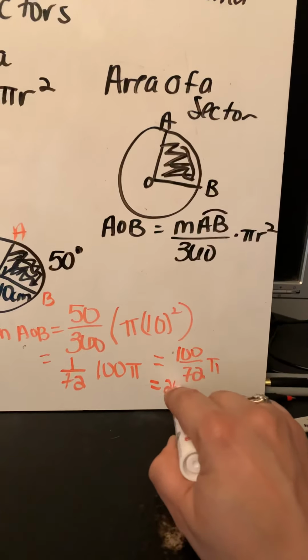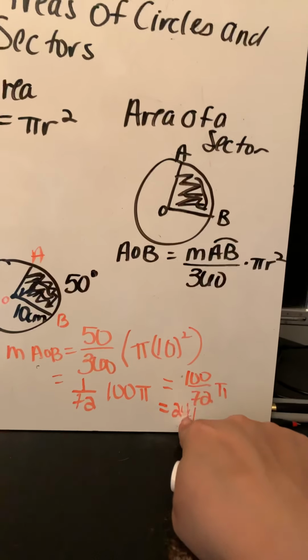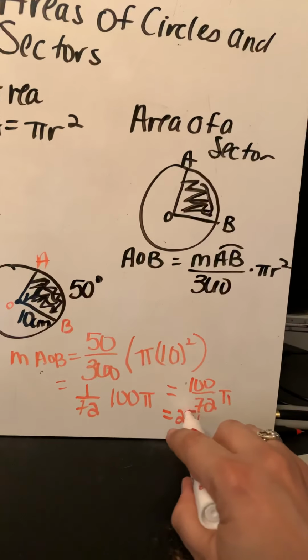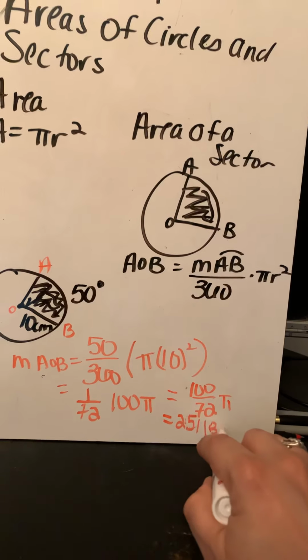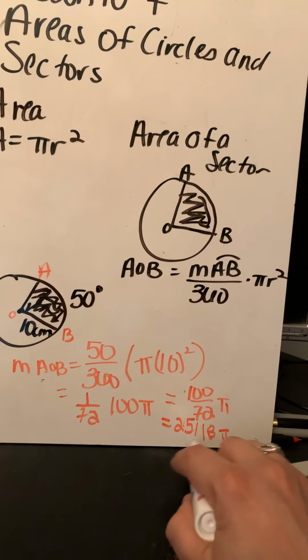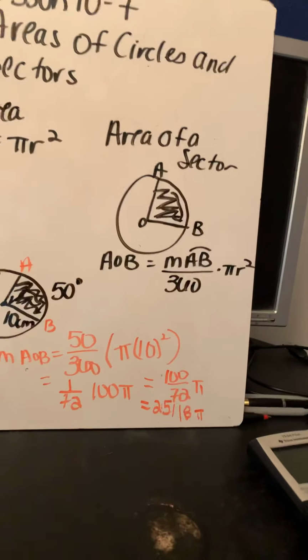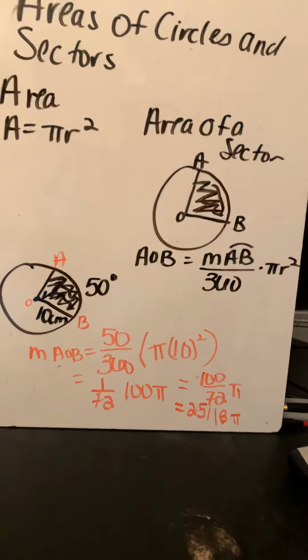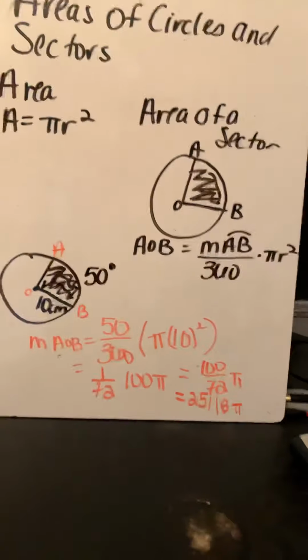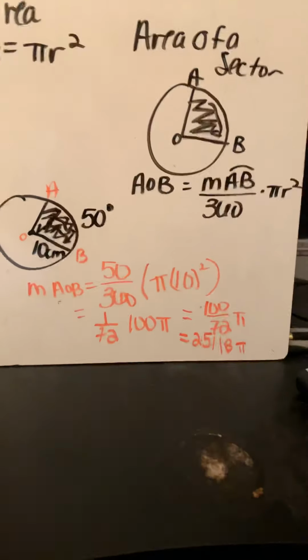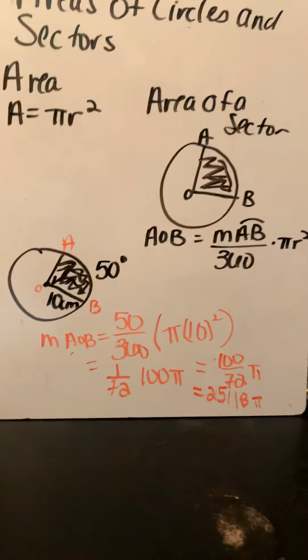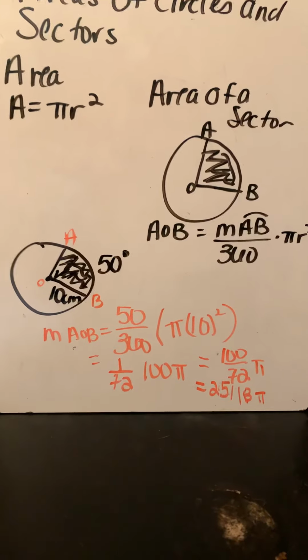So the area of that sector is 25 over 18 pi. Okay, so there's your area of a sector. Leave it in terms of pi. A lot of other formats like to see them in terms of pi.